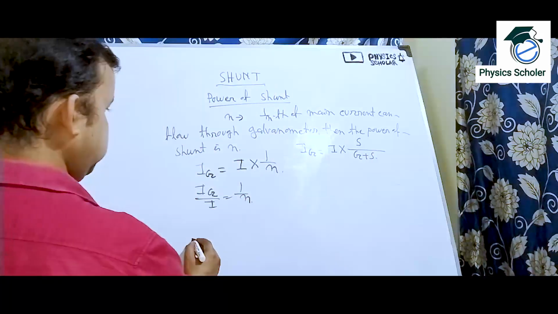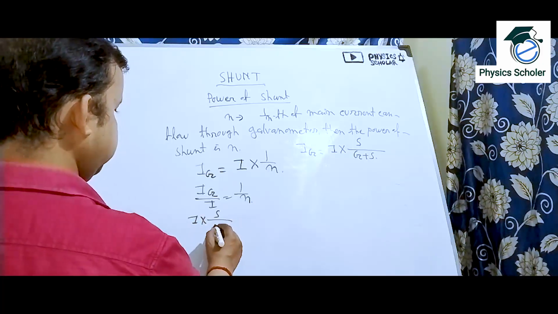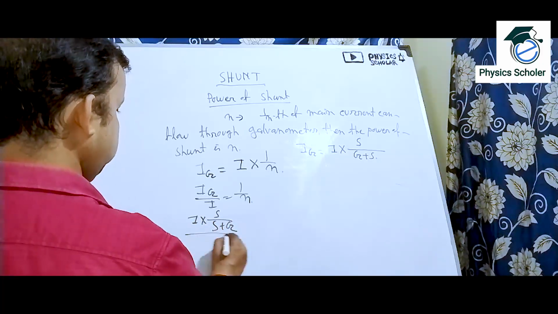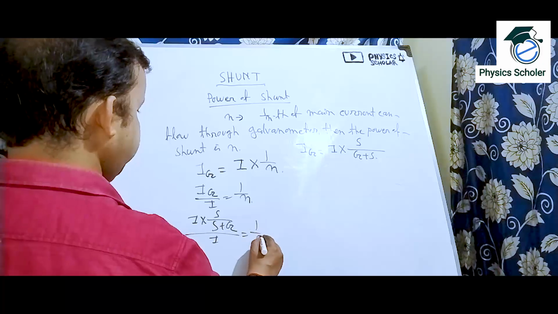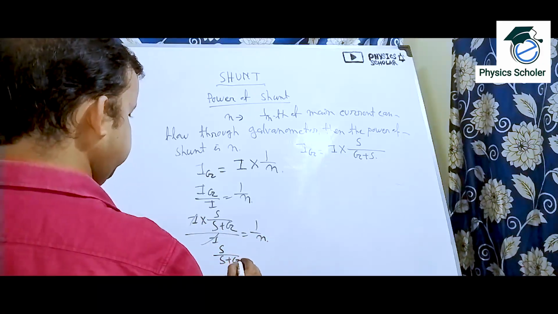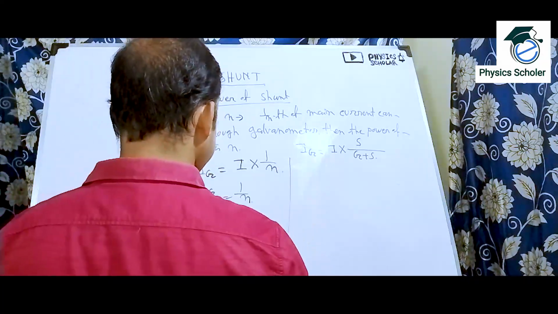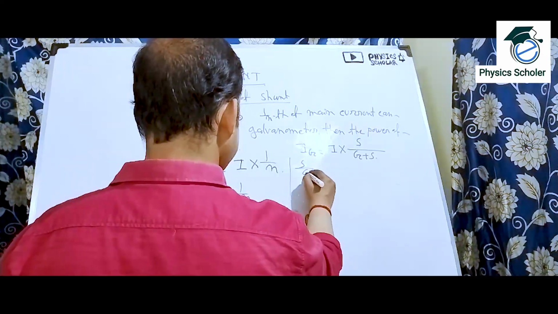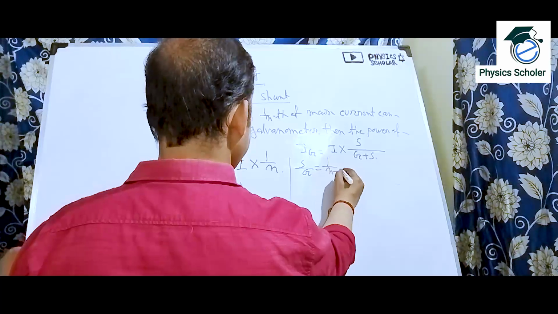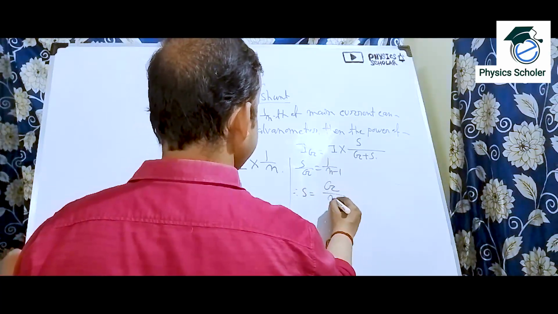So we write I into S by S plus G, whole divided by I, is equal to 1 by N. So S divided by S plus G is equal to 1 by N. So you can write S by G is equal to 1 by N minus 1. Therefore, S is equal to G divided by N minus 1.